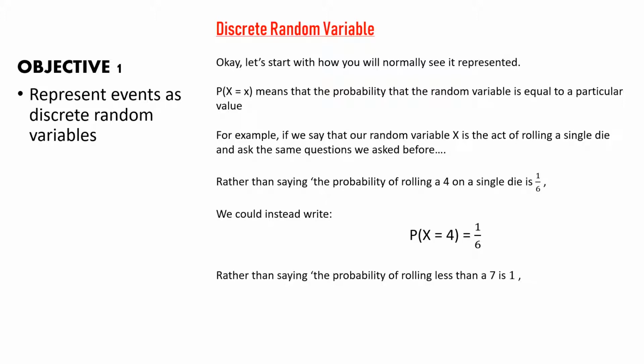Similarly, rather than saying the probability of rolling less than a 7 is 1, we could say the probability that X is less than 7 is equal to 1. And that is all that notation does.